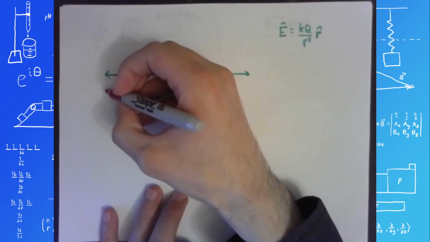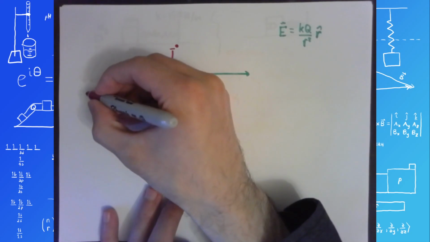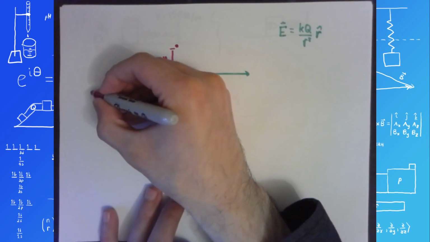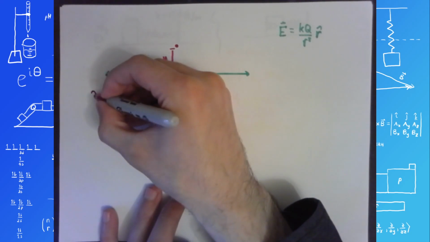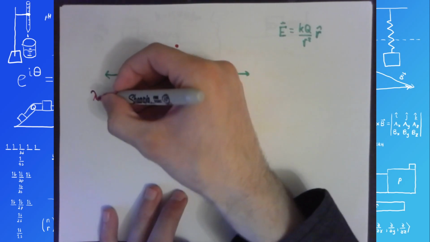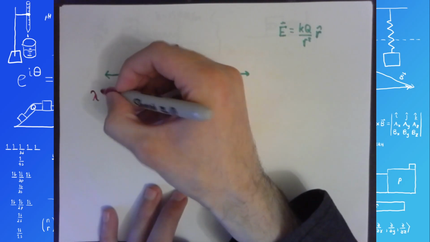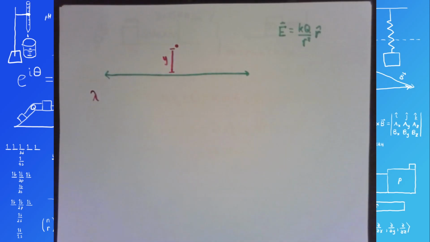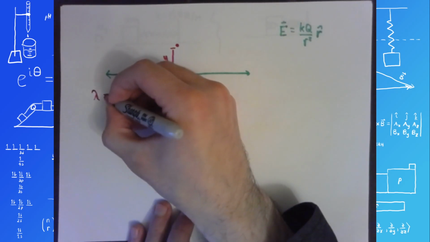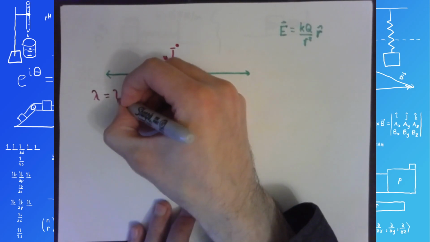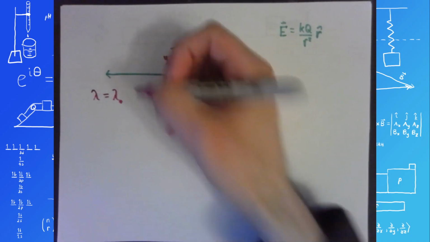And let's say that this line of charge has a uniform constant charge density of lambda. Or you know what? I'll say lambda is the variable, and then it will have a value of lambda 0.